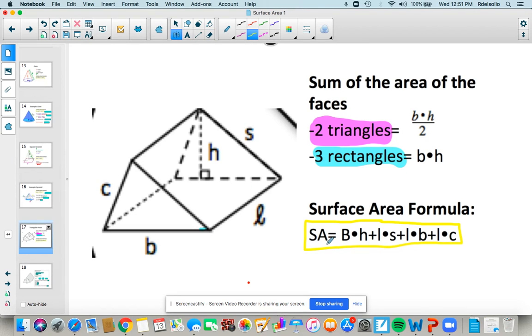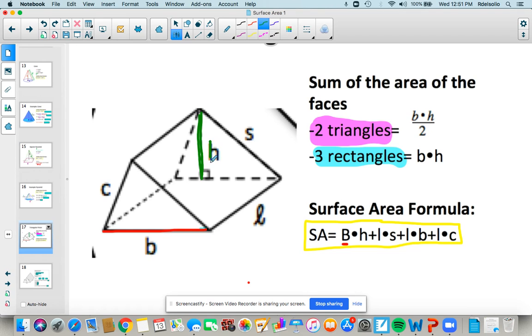So we have B. B is our base, right here. So this is B, in red. Then we have height. The height of the triangle will be given to you. Remember, it's that vertical line, how high it is.